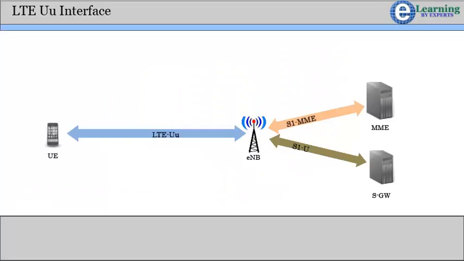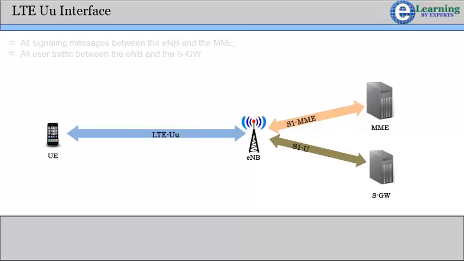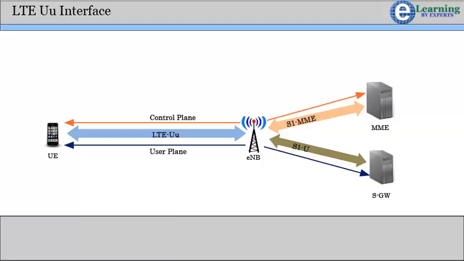The LTE Uu Interface handles all signaling between the UE and the network. It carries all signaling messages between the ENB and the MME, as well as all user traffic between the ENB and the SGW. Both the control plane and user plane of the Uu interface are supported by the same set of interface functions like security and header compression, and are all carried by the physical layer over the air.